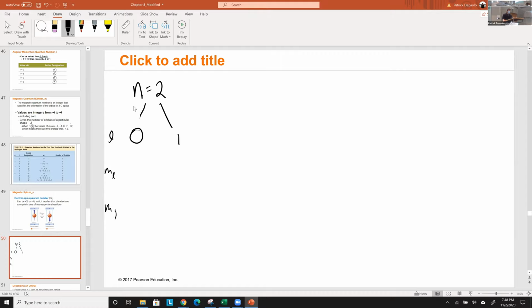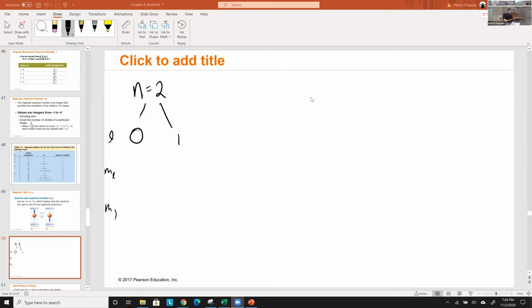Now for L equals 0, what are the possible ML values? Audie's onto it. So yeah, it's 0. Nick, you're right for the next one, so hold that thought.